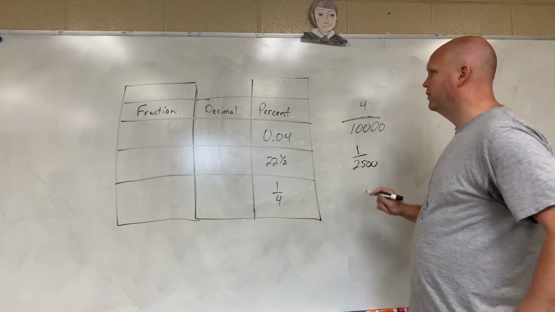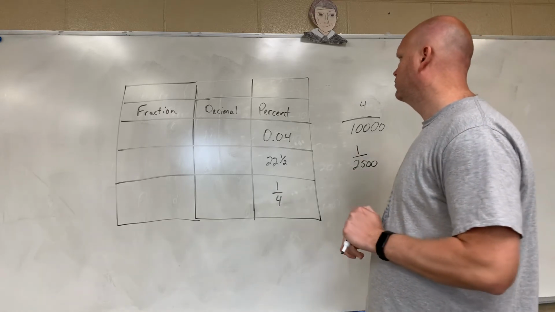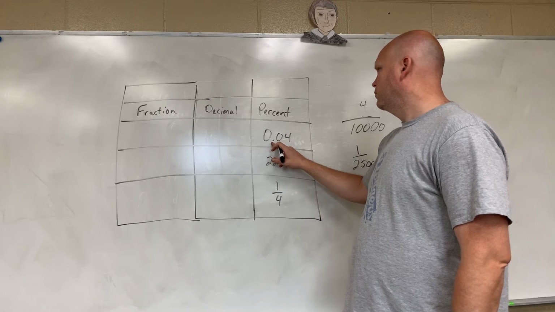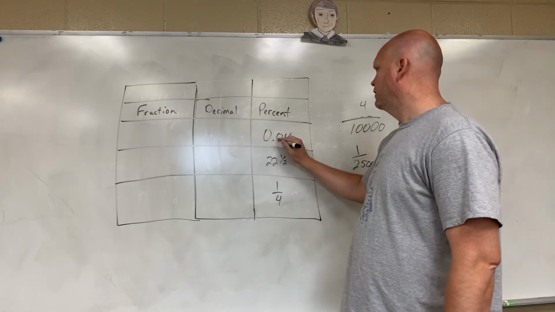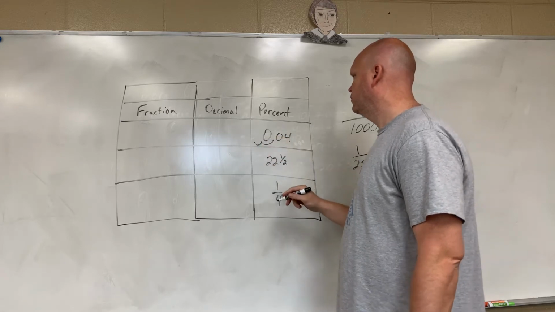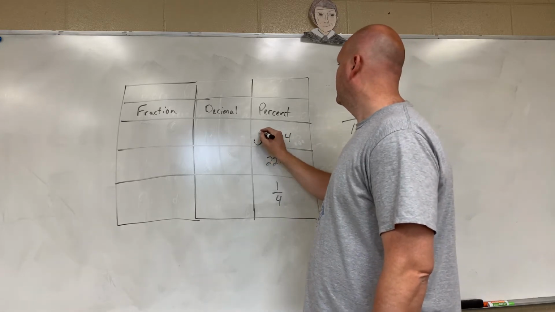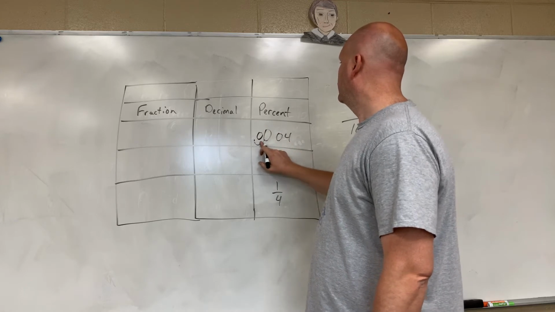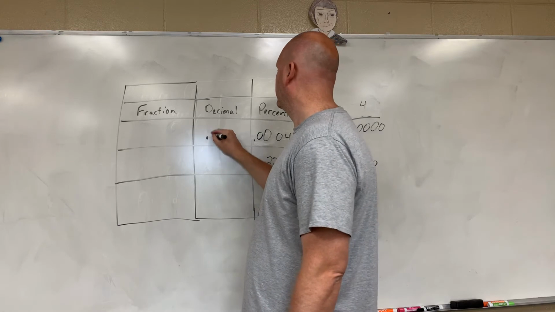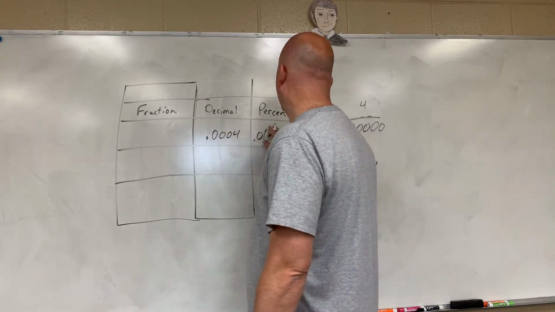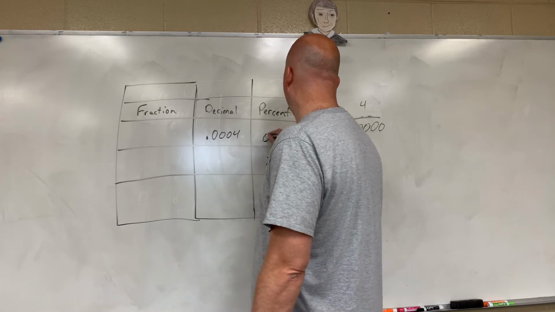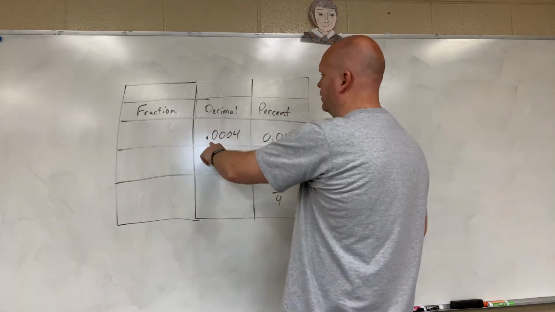And then the other way to do it, which I think is easier in this case, would be to change it into a decimal first. So we move the decimal place over 2 places to the left when we go percent to decimal. So now we have 0.0004, and then we can convert that to the fraction by looking at the place value.